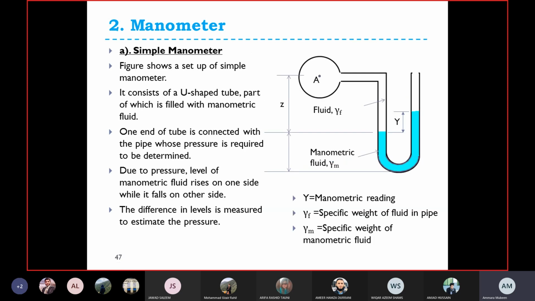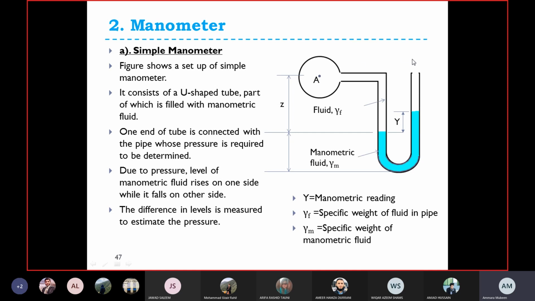Okay, there is another equipment which you can use for high pressure as well as for negative pressure, and that equipment is called manometer. You can see the figure has been shown in this slide. It is a U-shaped tube or N-shaped tube, part of which is filled with manometric fluid.